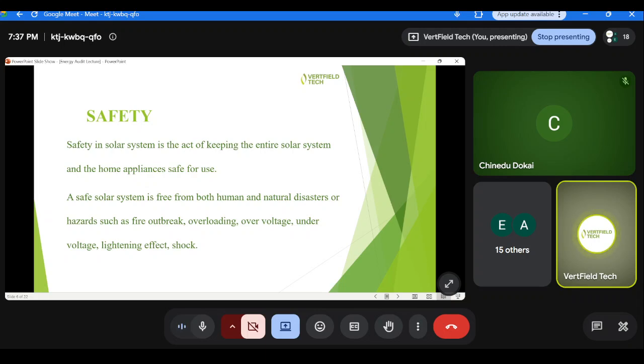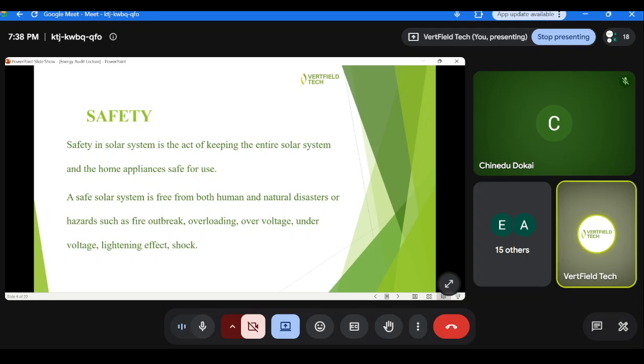Does the thunder actually damage your inverter system? No. So if Madam Miriam is still here, she will get to know right now that the thunderstorm does not in any way cause harm to her solar system at all.